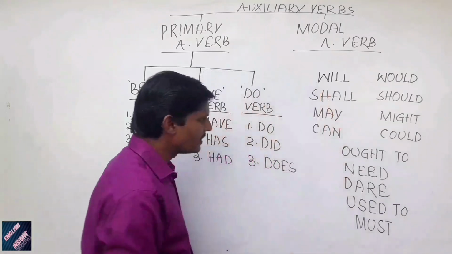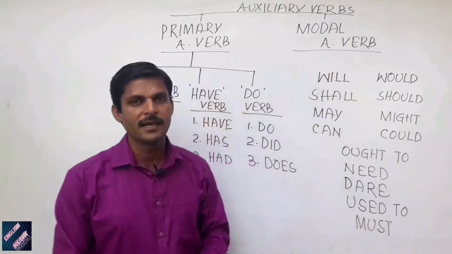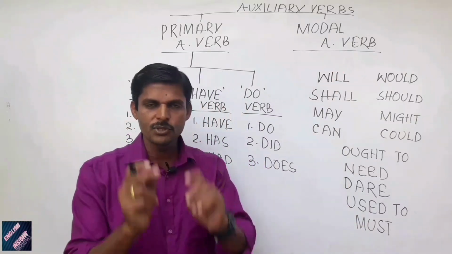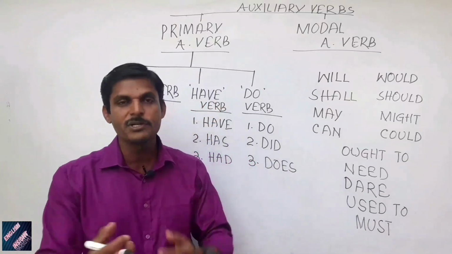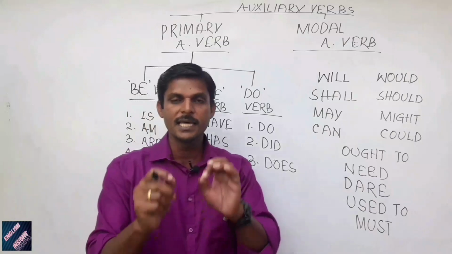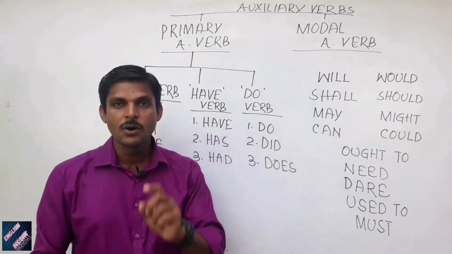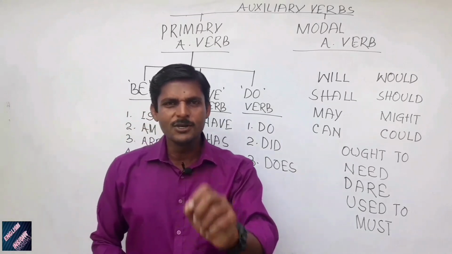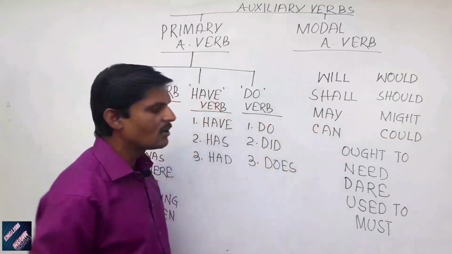These 13 verbs are called modal auxiliary verbs. Again, I am telling you, modal auxiliary verbs are of 13 numbers. They can also be grouped into different categories. We will see that later. But they are of 13 numbers: will, would, shall, should, may, might, can, could, ought to, need, dare, used to, must. These 13 verbs are called modal auxiliary verbs.